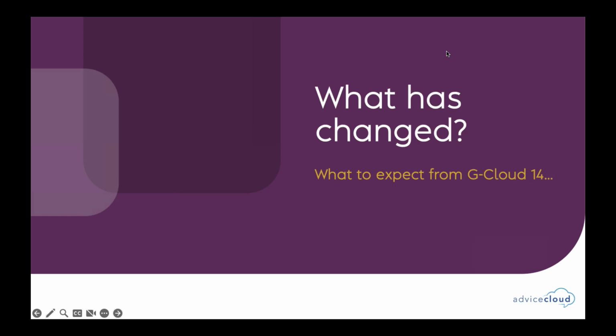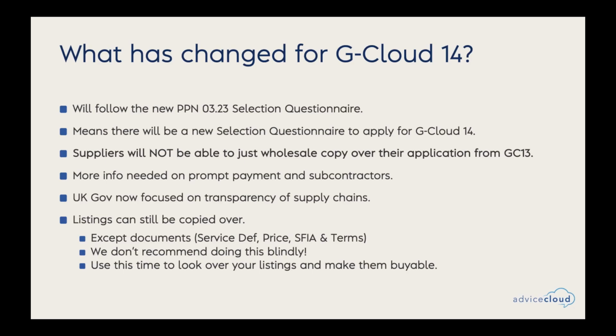Okay. Right. So what's changed from G Cloud 14? What to expect? The main thing, having been on the G Cloud webinars and having spoken to some people within CCS, though they've not told us anything outside of what's been out on those webinars, for those of you who weren't on the market engagements, is that it will follow the new Procurement Policy Note 0323 selection questionnaire.